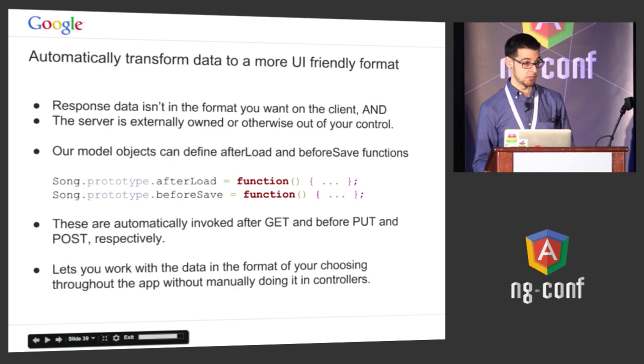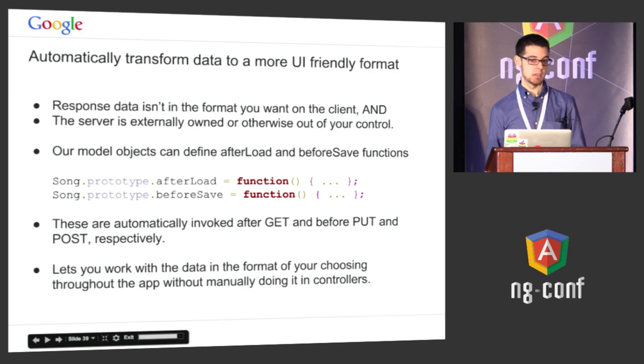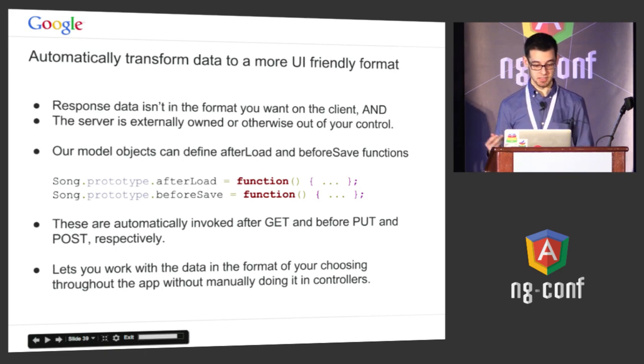Each of these are invoked automatically by the API service after a GET request or a put post request, respectively. And you would put in here any code that is going to manipulate that model's instance data, its members, to put it on the way in the format you want to work with, and on the way out back to the format that the server is expecting.